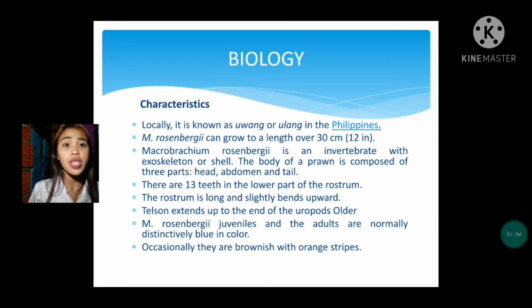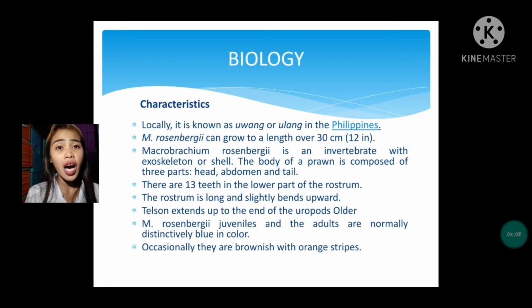The common name of the giant freshwater shrimp is uwang. Here in Bohol, it is a genus of uwang. They have the same body as the seawater shrimp, with a shell or exoskeleton. Yes, it is an invertebrate with an exoskeleton or shell.